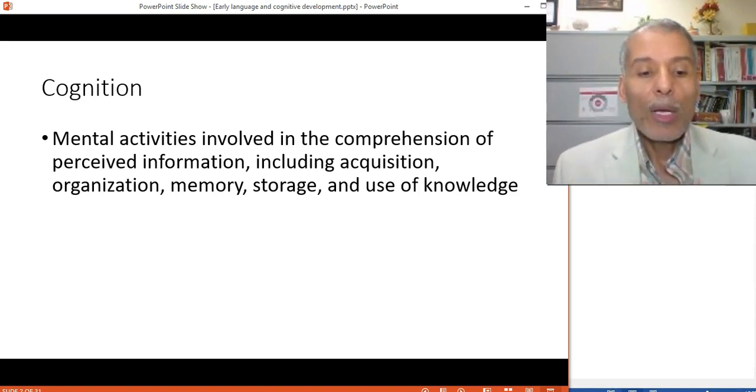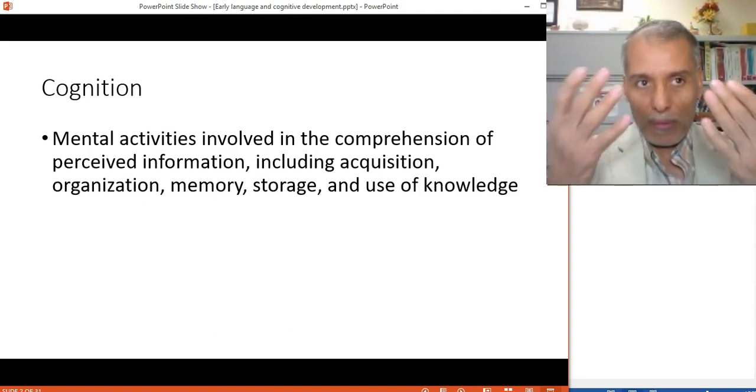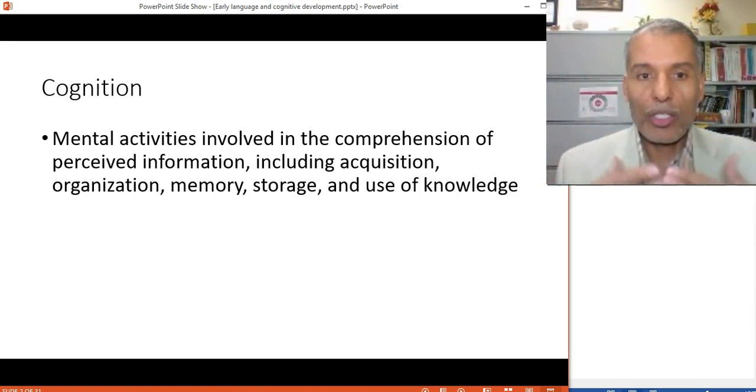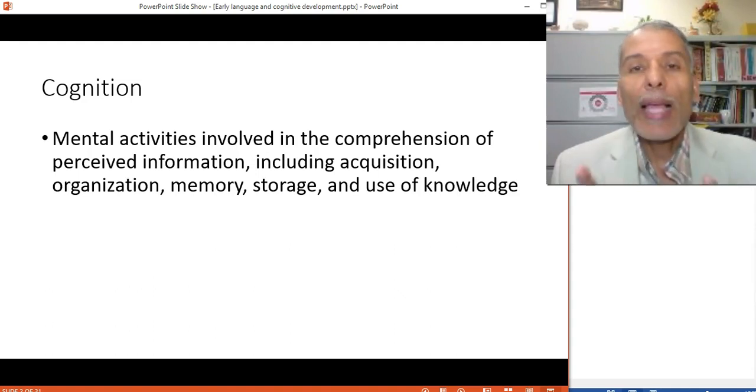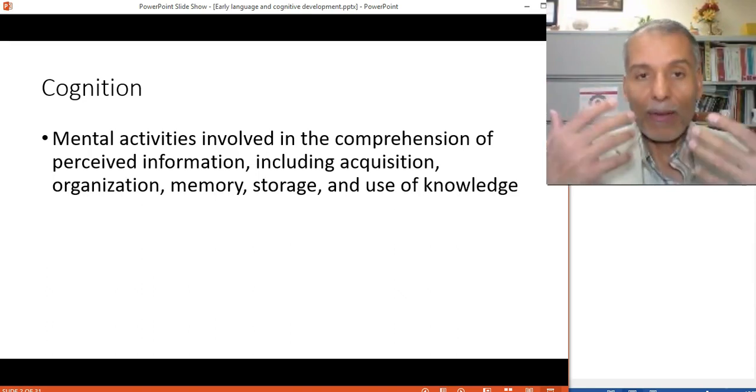So that aspect of acquiring that knowledge and internalizing it requires language. It requires a linguistic modality so that you can take in the information.